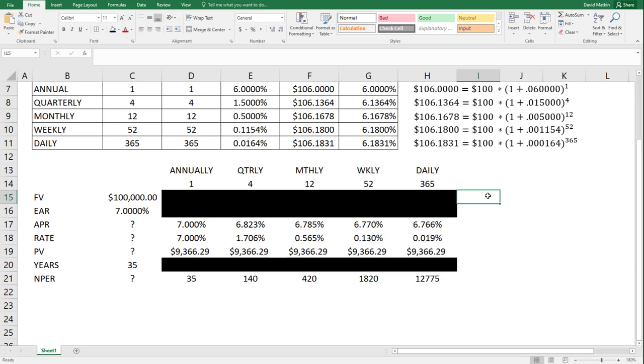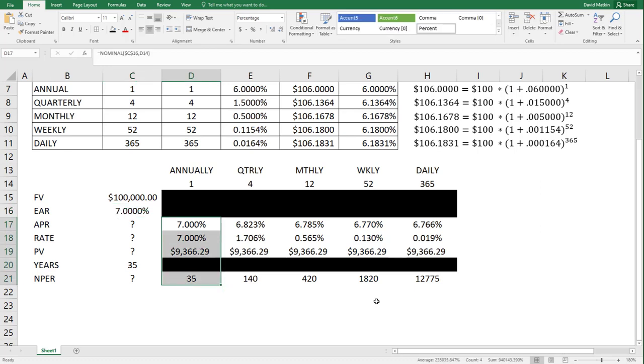All right, so I know this is a lot, but hopefully it helps you wrap your brain around conceptually what's going on. If I know that I have some amount of money in the future, and I know the effective rate of return is 7%, I can just do this annual calculation for how many years it is between that time in the future to present. And I can just feed in the 7% because the 7% effective rate is the same as 7% annual.